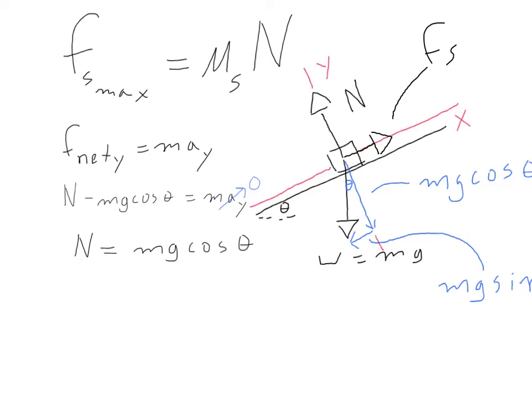But if they tell you the object is just about to slip, or ask what is the maximum force you can push on the object and have it not slip, that's the only time we can use this expression and plug in static friction force in an F net x equation, for instance.